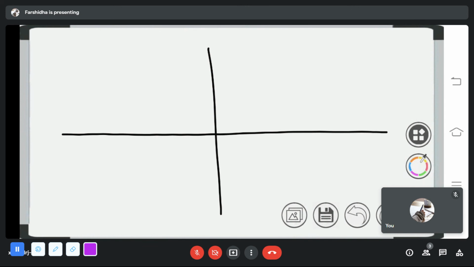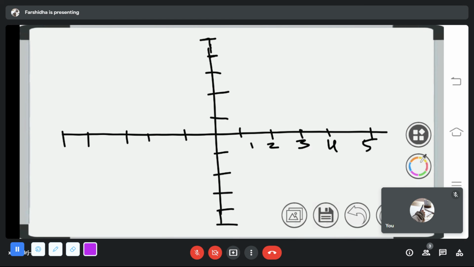Same way, do it. 3, 4, 5, 2, 1, 2, 3, 4, minus 1, 2, 3.